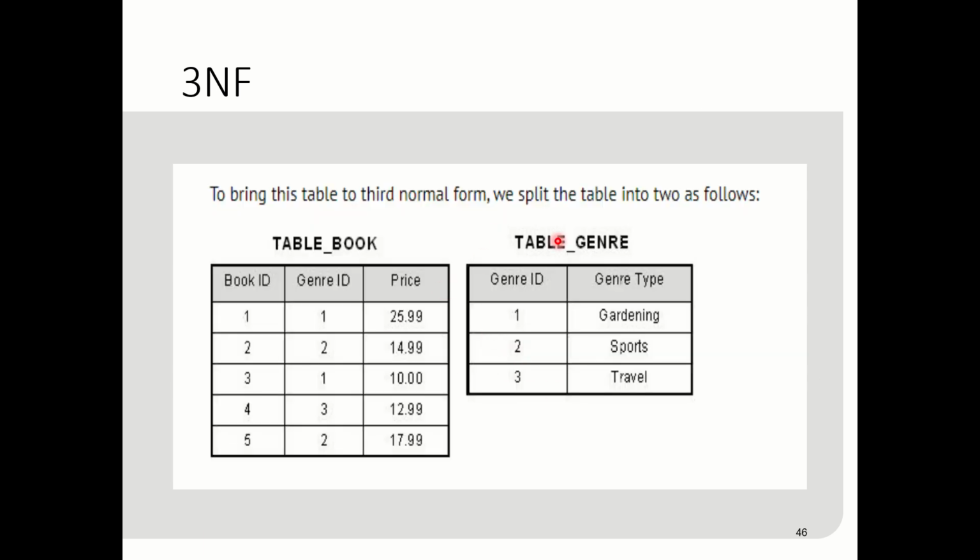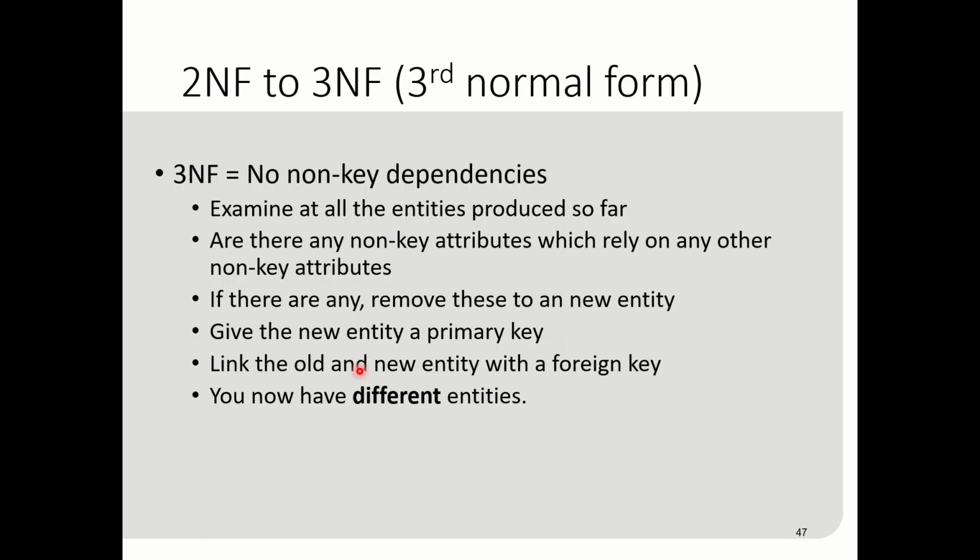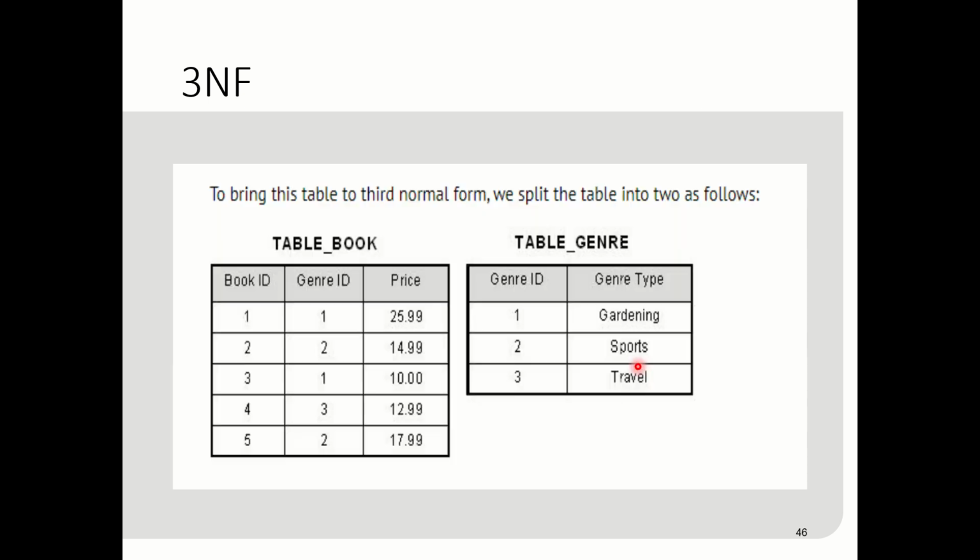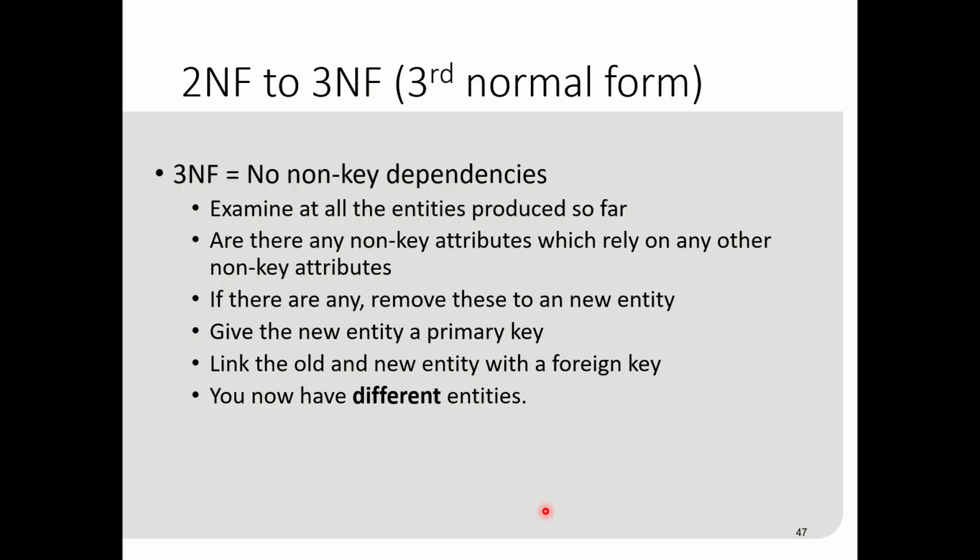Yes, we are giving the primary key as genre ID, and link the old table and the new table with a foreign key. Here, to link between them, you put this genre ID in the book table, so that both of the tables are related. This genre ID will be a foreign key here, book ID is a primary key here, and here this is the primary key. This is exactly what they are asking you to do.